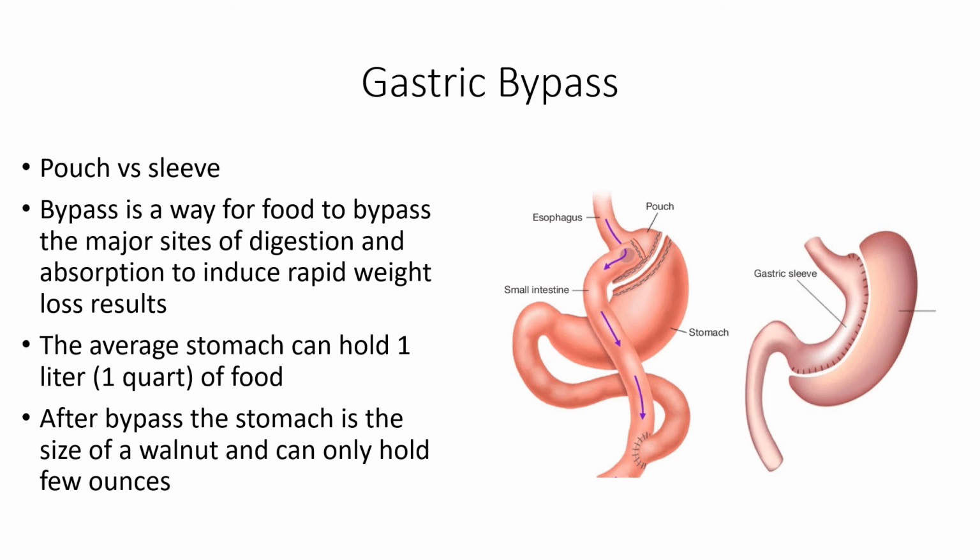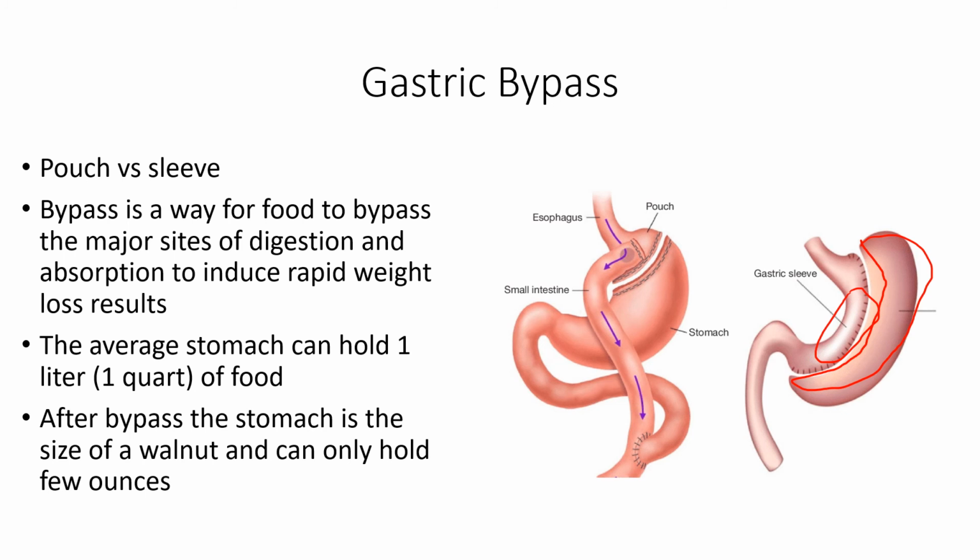What happens in these particular surgeries is you are going to make the stomach smaller in some capacity. In this gastric sleeve, we are cutting off all of this part of the stomach in order to make a smaller chamber for the stomach. This is going to allow this individual to not consume as much food.